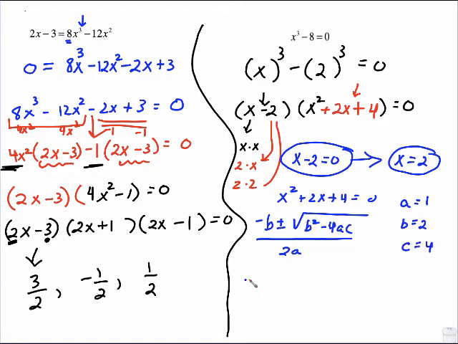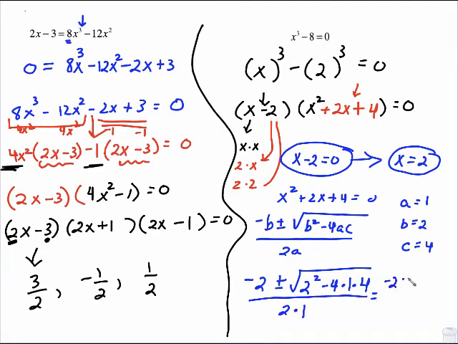This is negative of b, so it's negative 2, plus or minus b, which is 2, squared, minus 4, times a, which is 1, times c, which is 4, all over 2 times a, which is 1. Now I have to squeeze this in here. This is negative 2, plus or minus. You can let your calculator do this arithmetic. Remember from section 1.5, you can enter all of this in your calculator, not the square root, just 2 squared minus 4 times 1 times 4, and that will give me negative 12 all over 2.